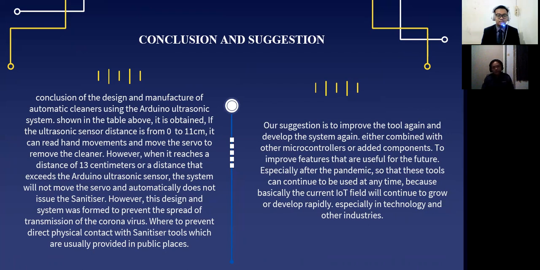However, when it reaches a distance of 13 centimeters or a distance that exceeds the Arduino ultrasonic sensor's range, the system will not move the servo and automatically does not issue the sanitizer.